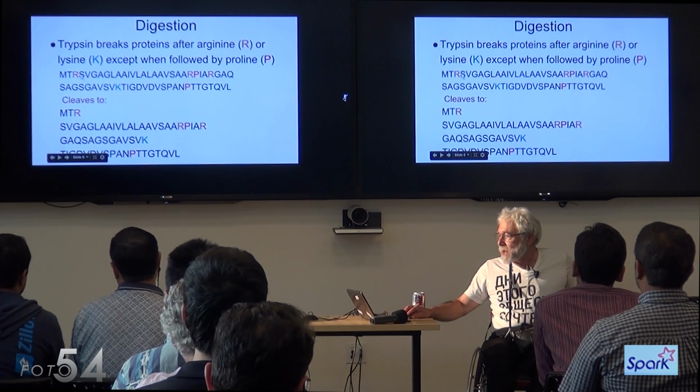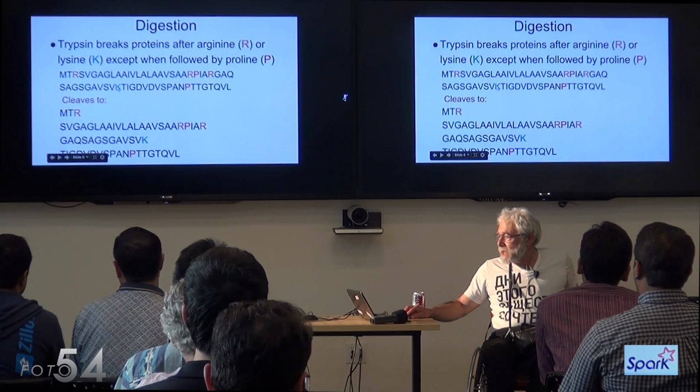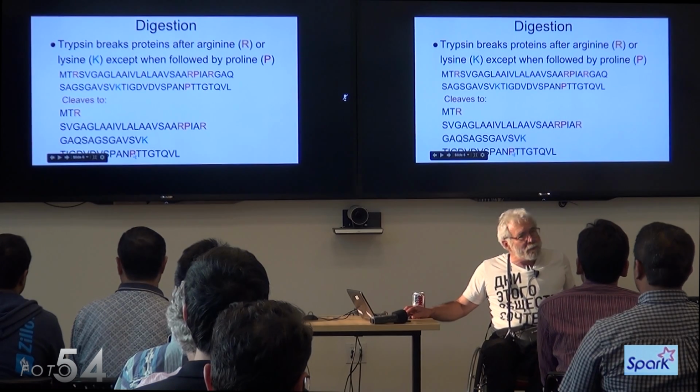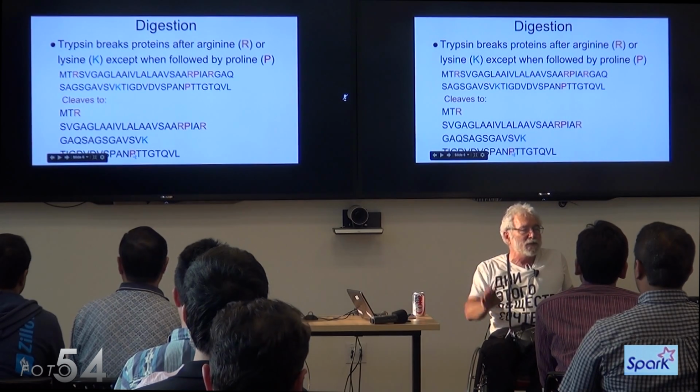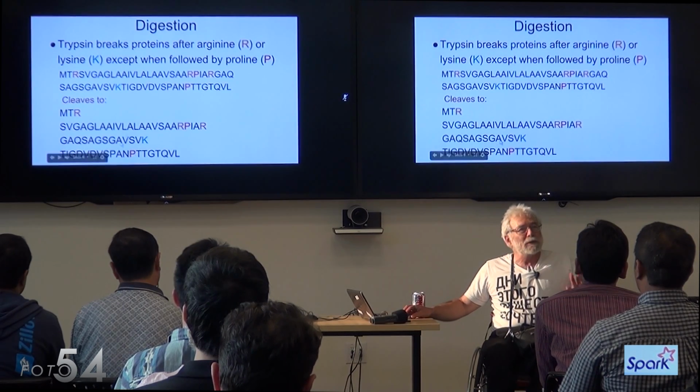So if I have something like this, you note there's an arginine here, but it's followed by a proline, so it won't be broken there. And a lysine here, and when I break this up, I'm going to get 4 fragments. If I just dip this in trypsin, it will break things up. That represents digestion.